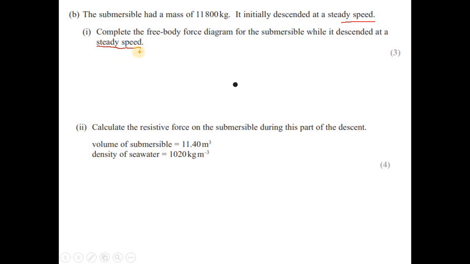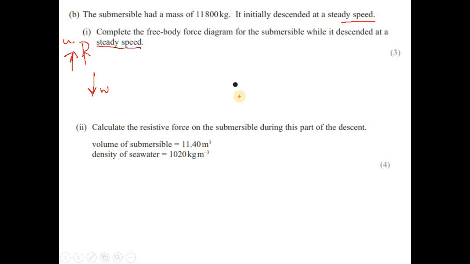Three forces generally act: weight acting down, upthrust acting up, and drag force depending on the motion, whether the object is rising or descending. Here the object is going down, that means drag force should be acting upward. So that's the direction of forces, and you need to draw the arrows.